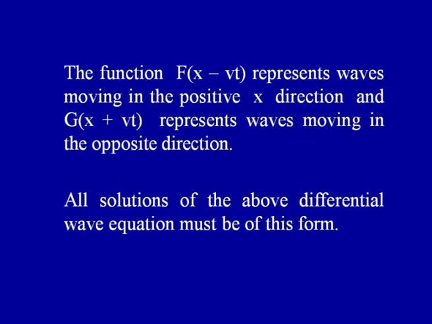The function f of x minus v t represents waves moving in the positive x direction, and similarly the function g of x plus v t represents waves moving in the opposite direction.